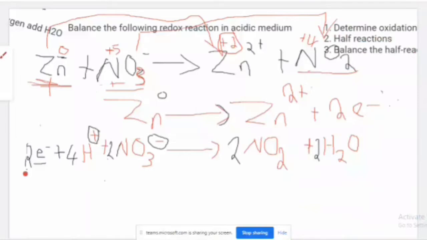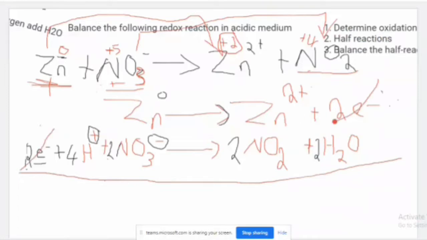I can draw this line here. We can cancel the things that appear on both sides of the equation. We have 2 electrons here, we can cancel this, and also 2 electrons here.